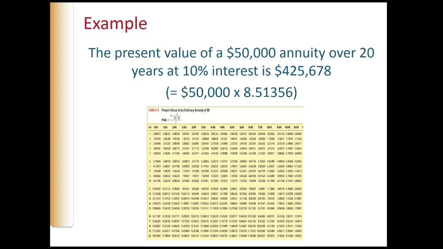Well, we've got to go to Table 4, where we take the present value. The interest is 10%, the number of periods is 20, so we lock in that number. The 8.51356 is the factor we will use. 50,000 times 8.51356 yields 425,678 in the present value of what that money will be in the future.